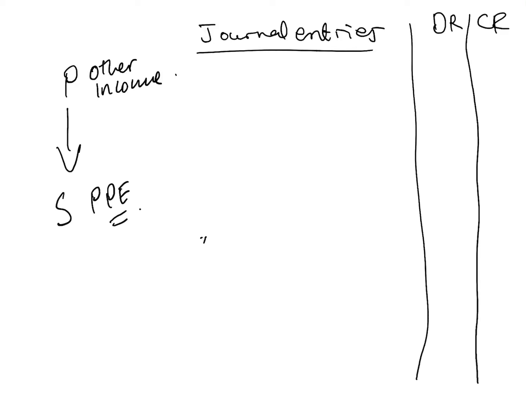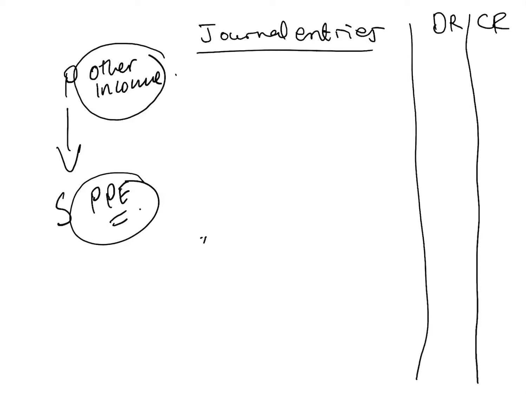So if the parent is holding other income and the subsidiary is holding PPE, what it simply means is that we have to remove the unrealized profit. Why? Because the parent recognized profit on the sale of the asset. So I'm going to reverse the other income and reverse the PPE.